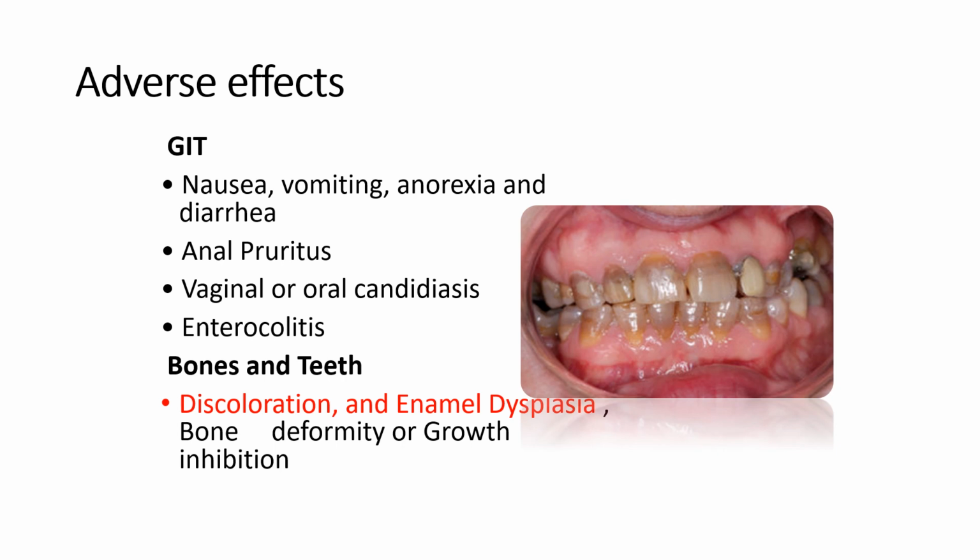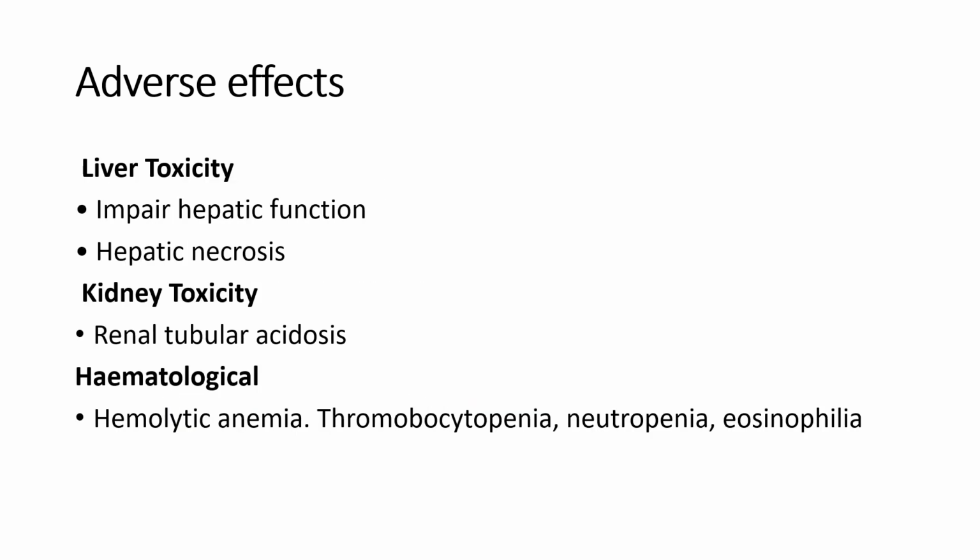Moreover, it also causes bone deformity or growth inhibition. Further, on the liver, it causes impaired hepatic function and hepatic necrosis. In the kidney, it causes renal tubular acidosis, while hemolytic anemia, thrombocytopenia, neutropenia, and eosinophilia are some of the hematological adverse effects of tetracyclines.